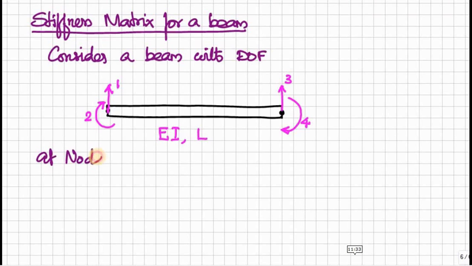Now, to get the stiffness matrix for this beam, we have to apply unit displacement or unit rotation at the appropriate system coordinate, that is, the degree of freedom, and the forces developed at all the coordinates, all the directions of the degrees of freedom, have to be computed.